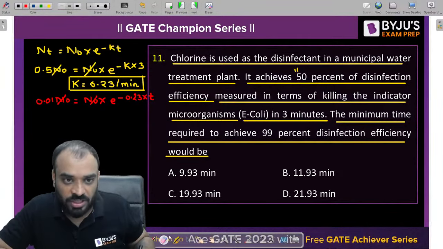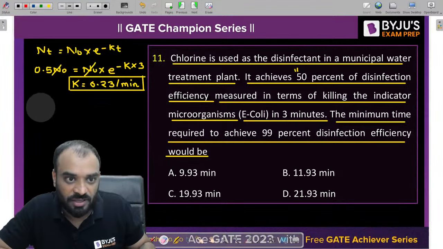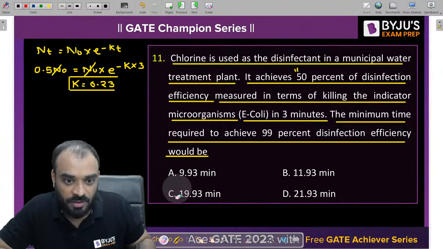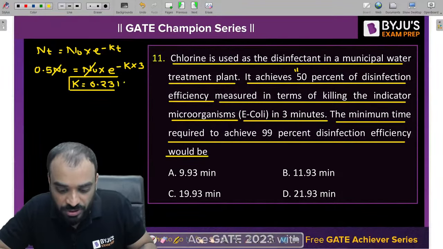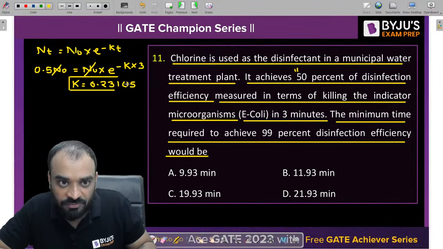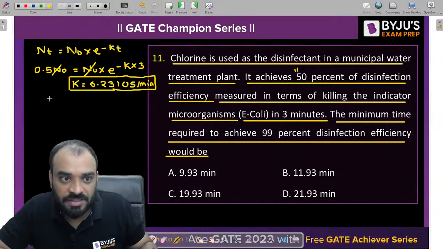Wait a minute, guys. We have to do an exact calculation over here. Otherwise, we are getting a different answer. Let me explain it. Let's write it down completely. What is it exactly? 0.23105 per minute. Now we need to remove 99% of the microorganisms.